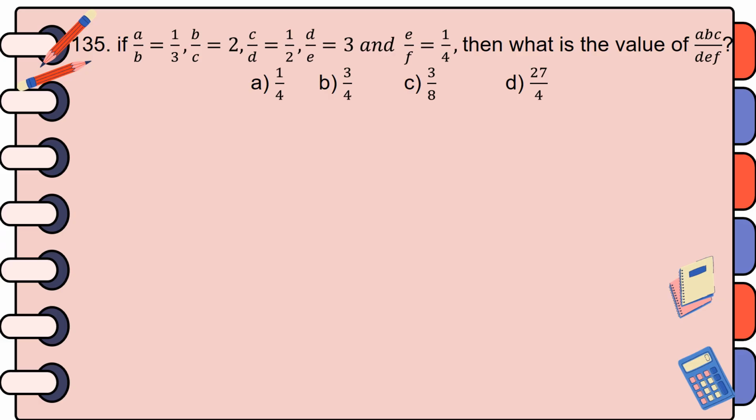Question number 135. You are given this information, and from it you are required to find the value of ABC over DEF. That means if A over B is equal to 1 over 3, B over C is equal to 2, C over D is equal to 1 over 2, D over E is equal to 3, and E over F is equal to 1 over 4, then what is the value of ABC the whole over DEF?